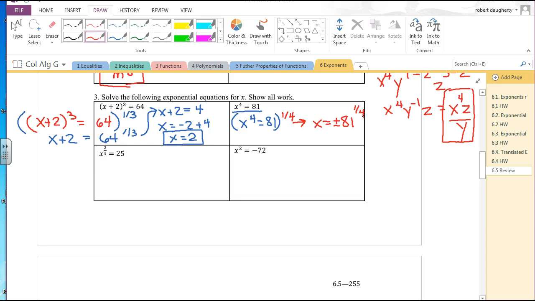That means the 4th root of 81. What number can be multiplied by itself 4 times and get an 81? That number is 3. So x equals plus or minus 3.